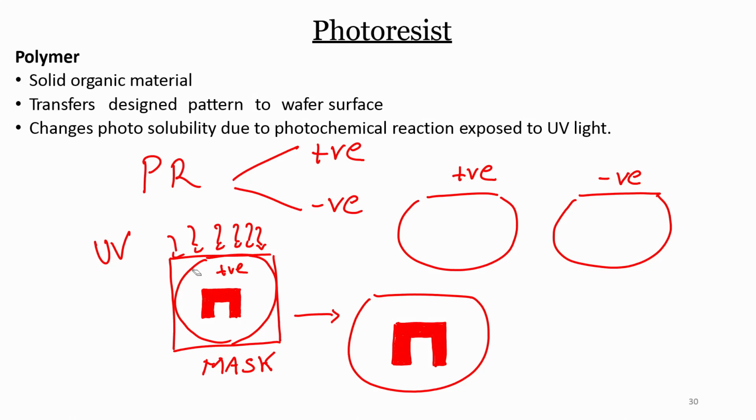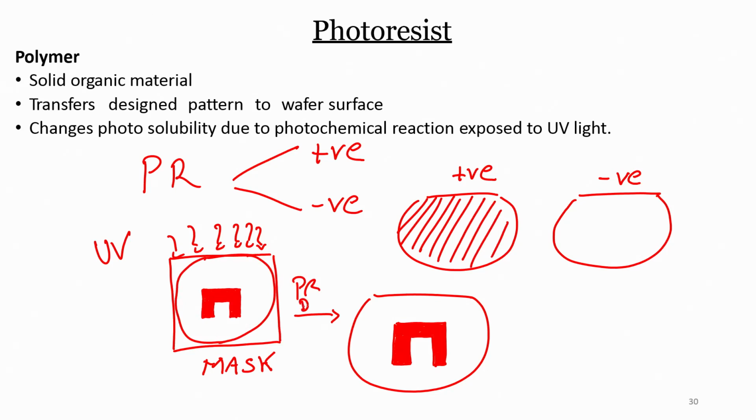Because our mask was this, and we had positive photoresist coated on the wafer, and if I place this wafer under this mask and I expose it and develop it, then I obtain this pattern for positive photoresist.